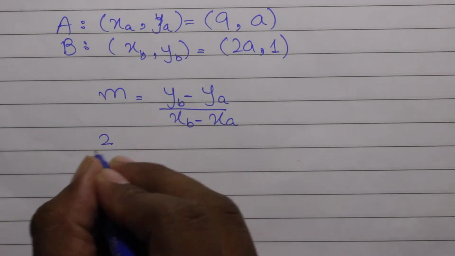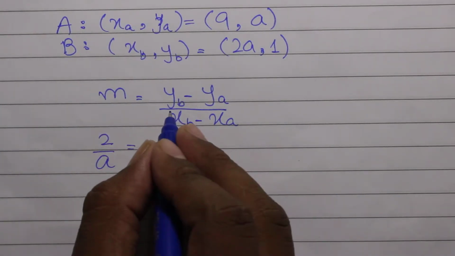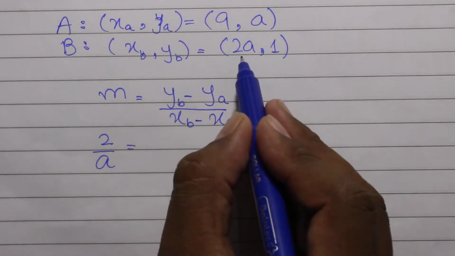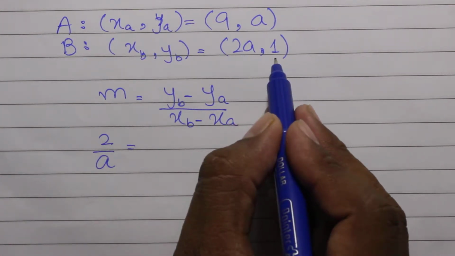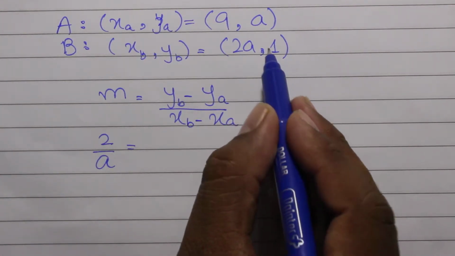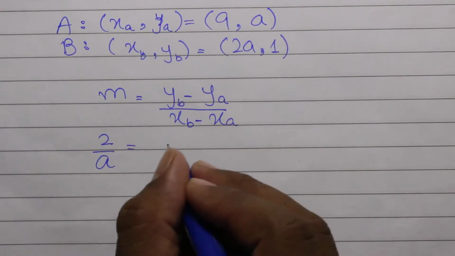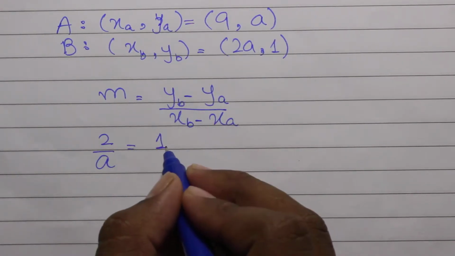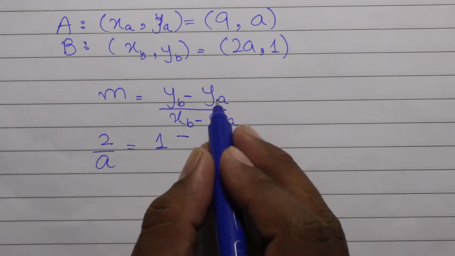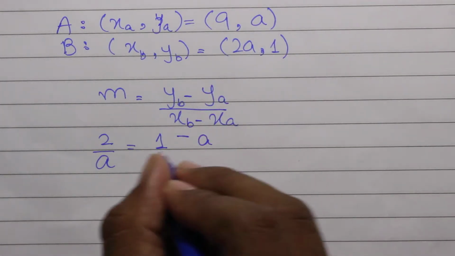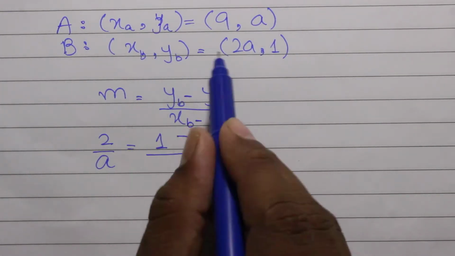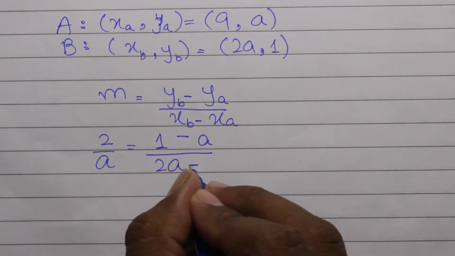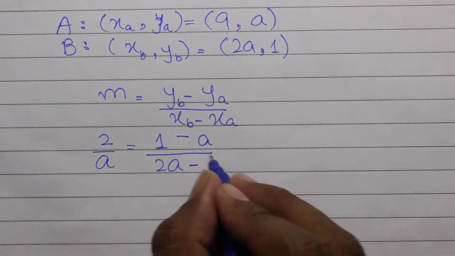Slope m is given as 2 upon a. Yb is 1 and ya is a, so in the numerator instead of yb I will write 1 minus, and instead of ya I will write a, and in the denominator instead of xb I will write 2a minus, and instead of xa I will write 9.